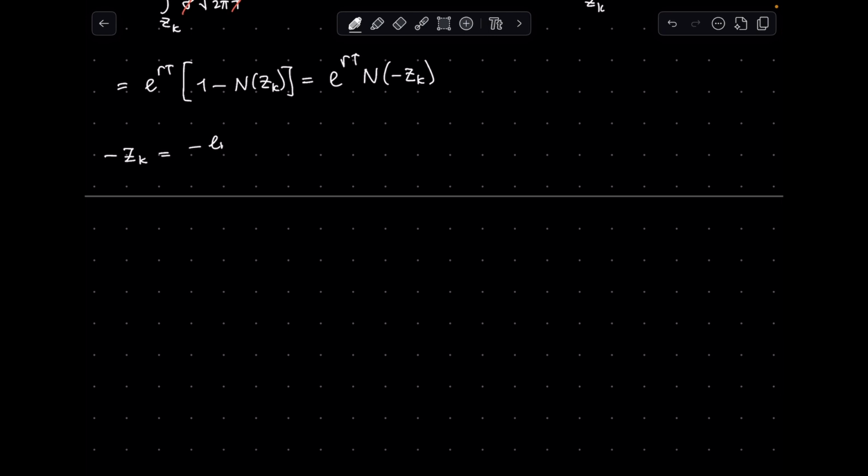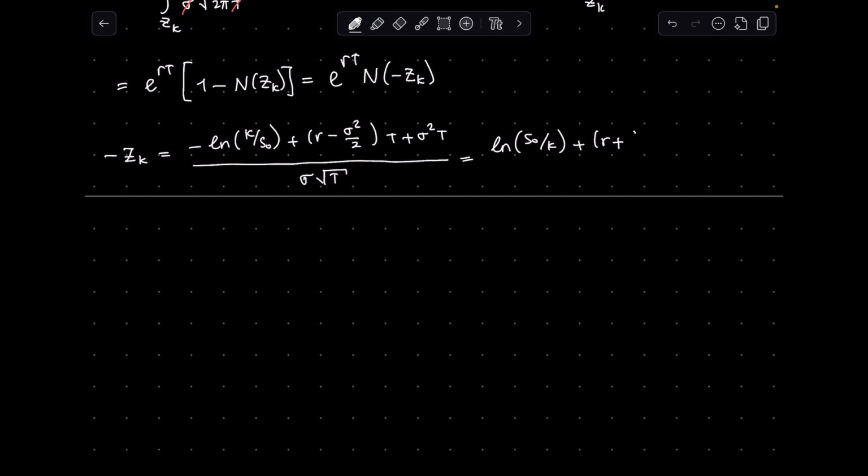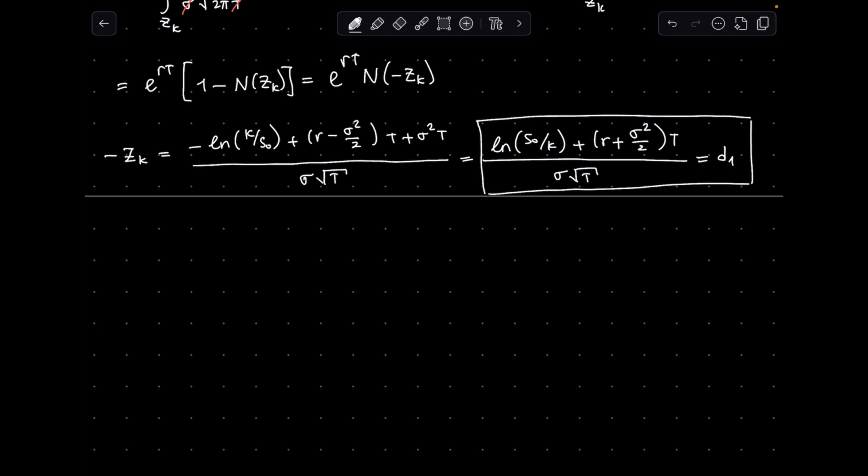Again, we can evaluate the value of negative zk and call that d1. This gives us the integral a as e to the rt multiplied by the CDF at d1.